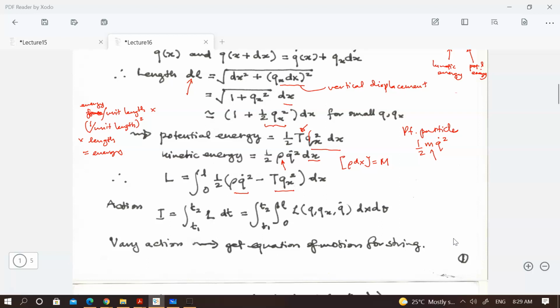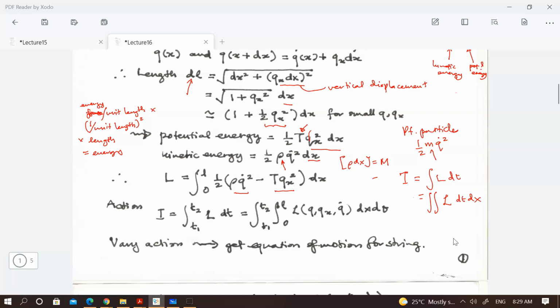Remember the action previously was just L dt, but now your L itself is going to be integrated in terms of your Lagrangian density. So you have dt dx.